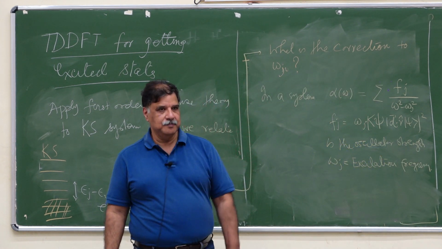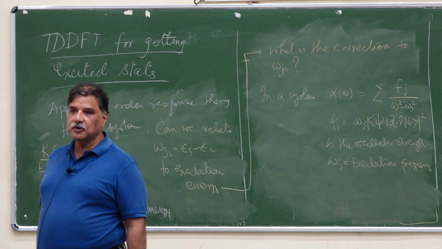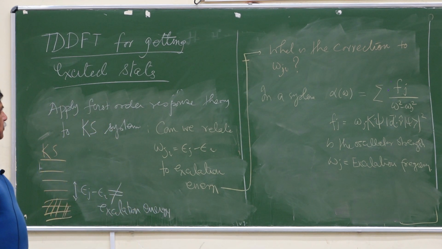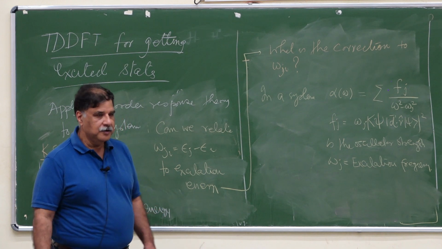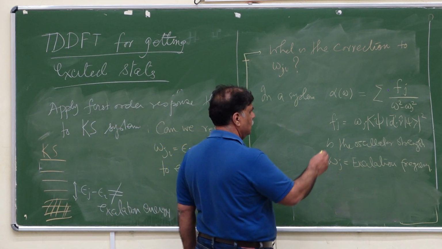This is a true system. In the Kohn-Sham system, this is not going to happen. Right? So what I have to do is calculate alpha omega using Kohn-Sham, equate the two and somehow try to pull omega j out. That is the idea here.